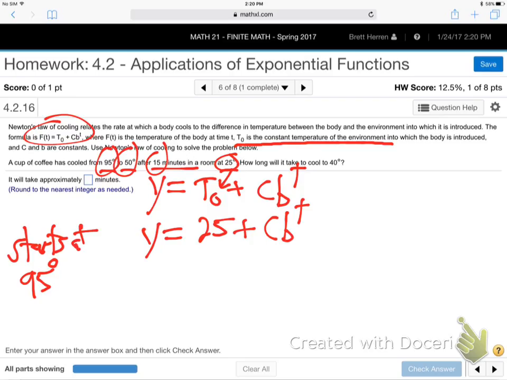It went from 95 to 50, so it started at 95. That coffee was poured at 95 degrees, right? So what does that mean? Starts means what time? Time 0. They're telling me when t is 0, y is 95. Do you see how I'm coming up with that?